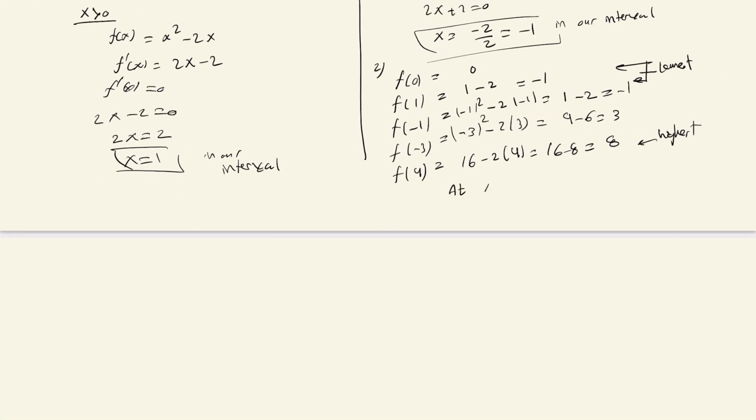So at x equal to 1 and minus 1, we have a global minimum, and at x equal to 4, we have a global maximum.